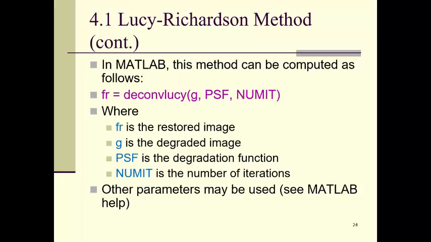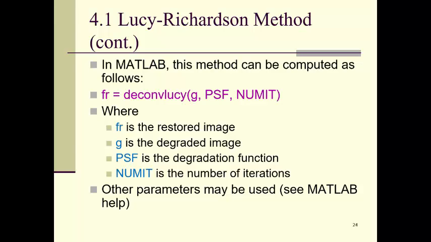For these techniques, we have introduced 3 techniques, which are Lucy-Richardson, the Wiener method, and the blind method, right? And we have started with the Lucy-Richardson. The idea of removing the distortion is that theoretically speaking, I need to divide G by H, but this practically is not possible.